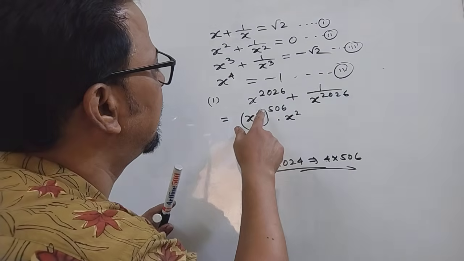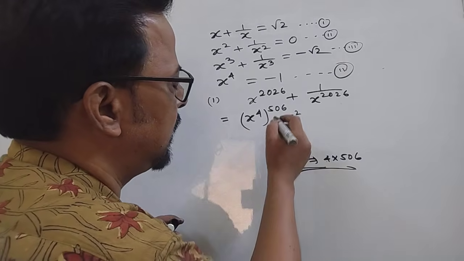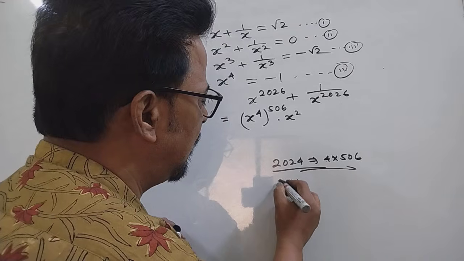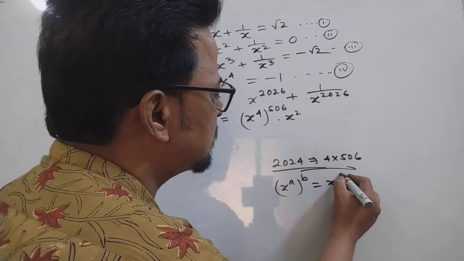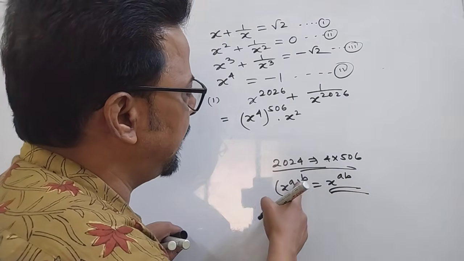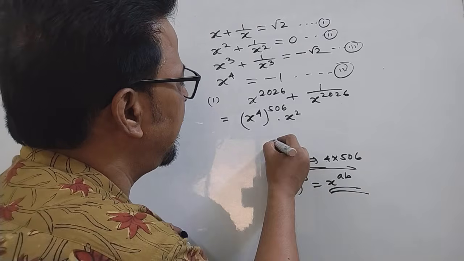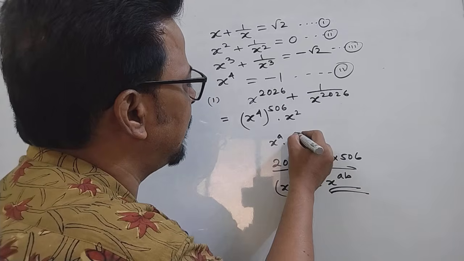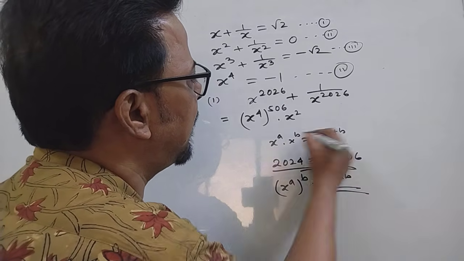Check it. This is 2024 plus 2. You know, (x^a)^b will be x^(ab), and in this rule, (x^a)^b is x^(ab), and x^a times x^b will be x^(a+b).